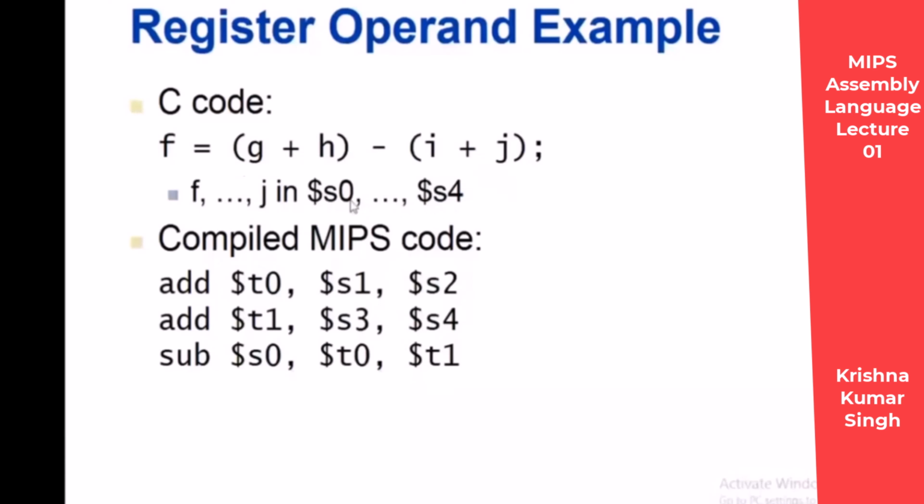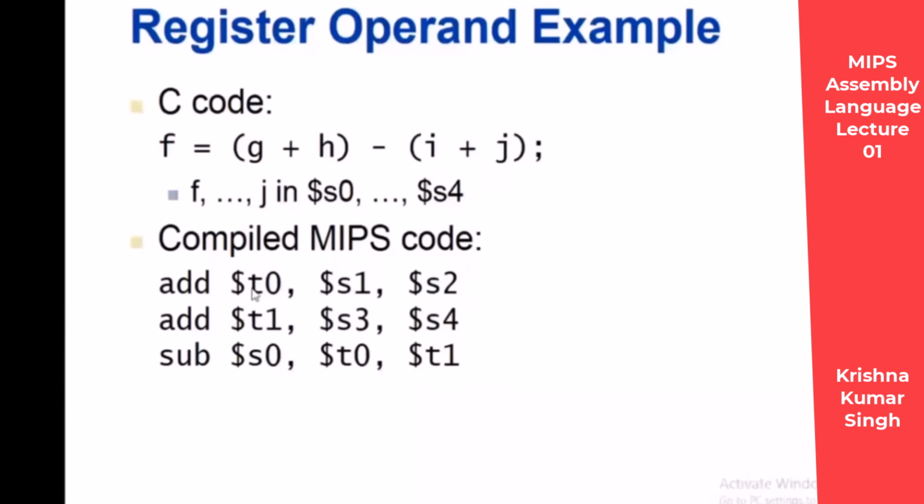The operands are now inside the registers, and this is the real MIPS code corresponding to this statement. First, the registers are added together; for example, G and H are in these two registers.